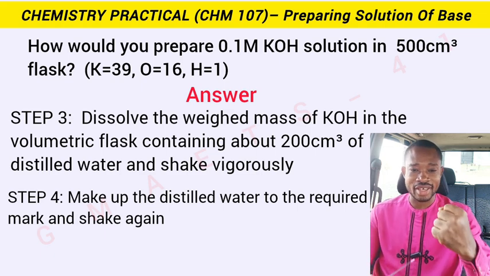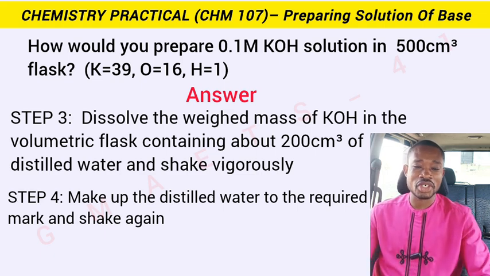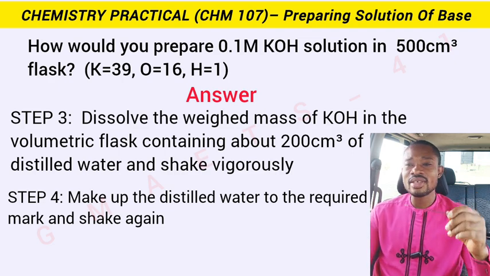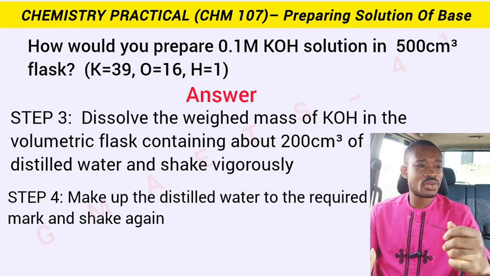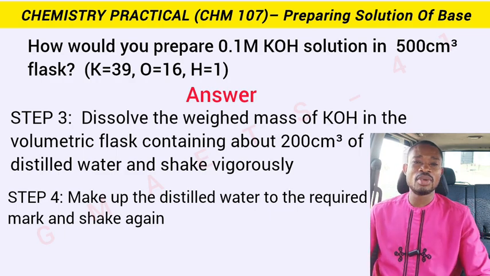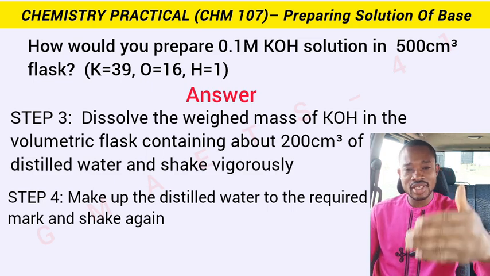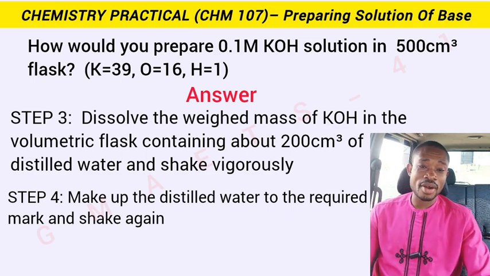Don't forget to shake for a homogeneous mixture. And like I always say, for complete ionization, this reagent is required to be prepared at least 24 hours before the day that the experiment is meant to be carried out.